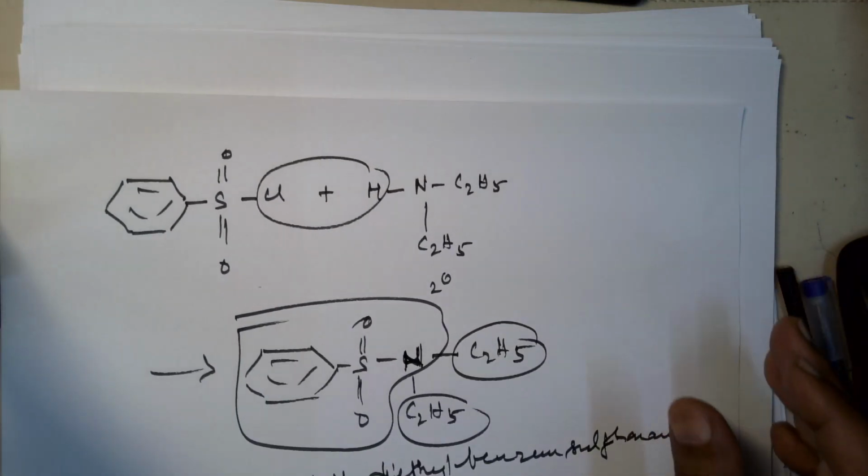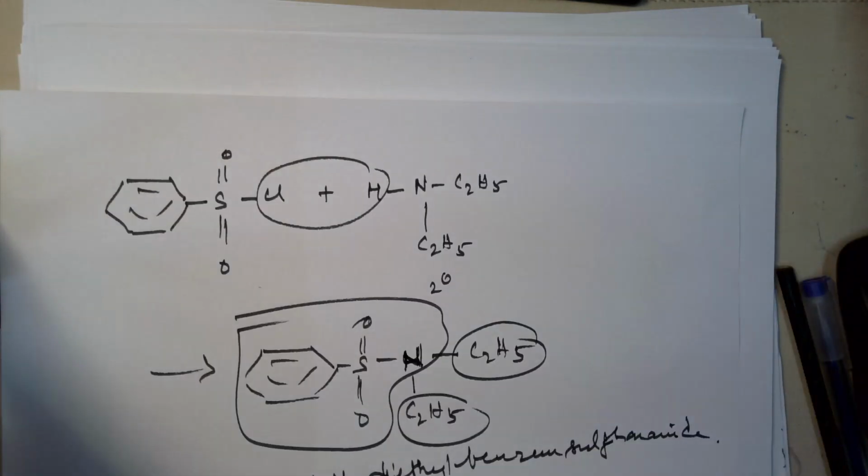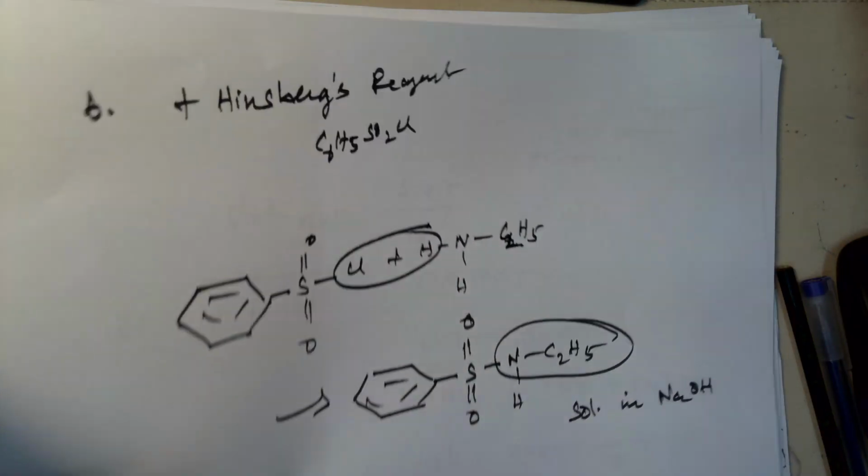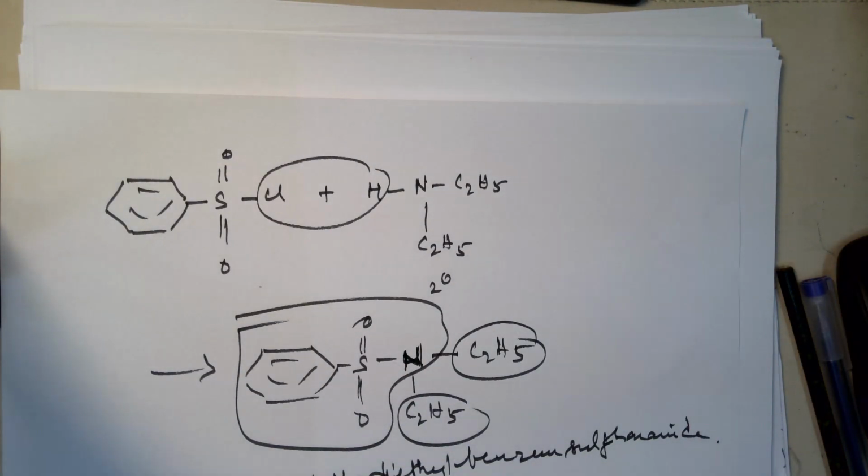You should have a double bond here. Tertiary amine does not react. So this reaction is helpful to distinguish the primary, secondary, tertiary, and this is not soluble in alkali because there is no replaceable hydrogen.